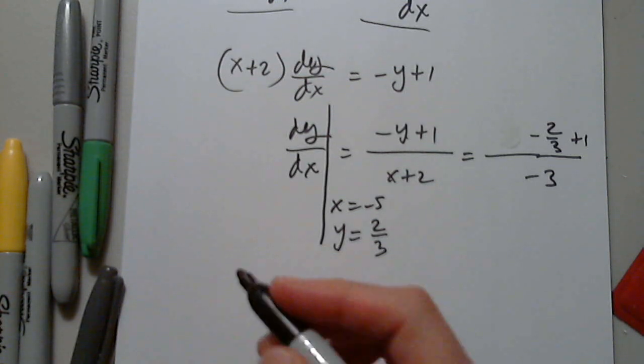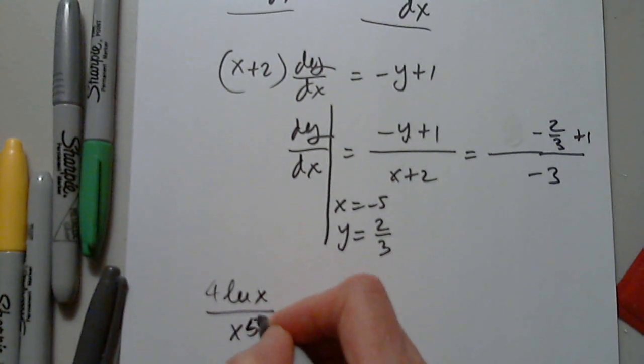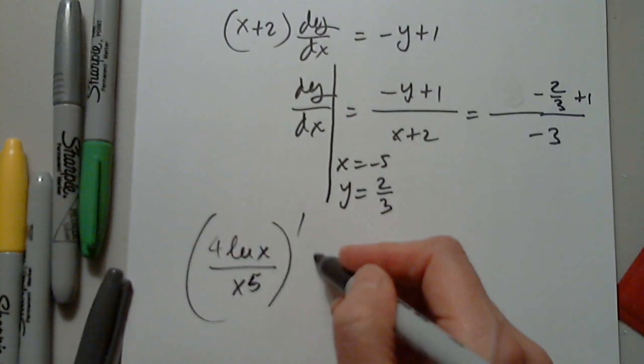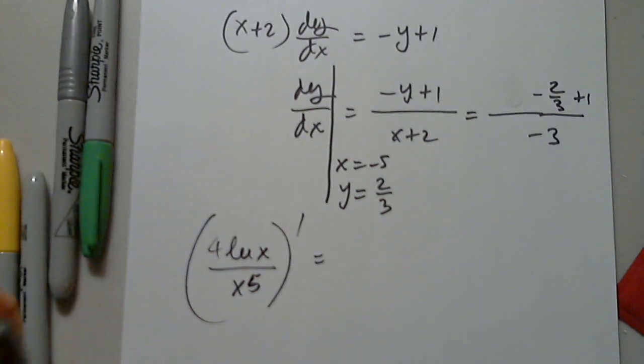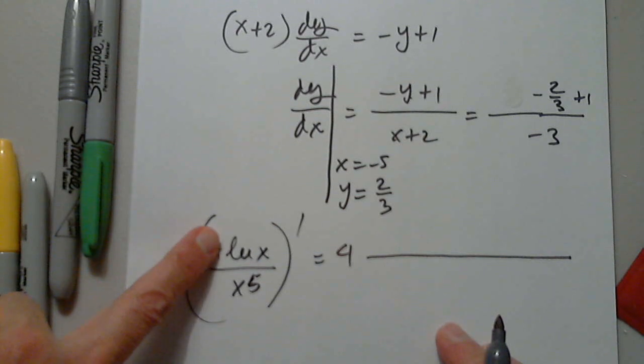So we have 4 natural log x divided by x to the 5th. When we differentiate, I keep 4 outside. It's a factor.